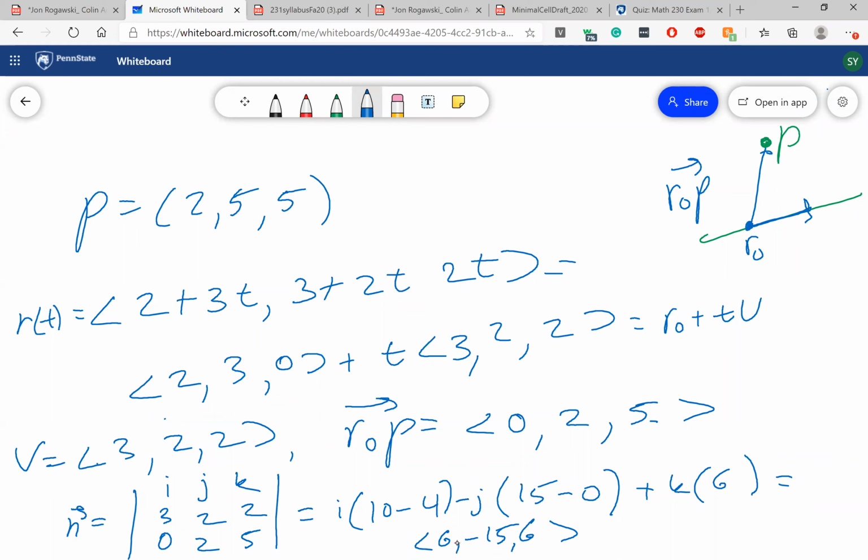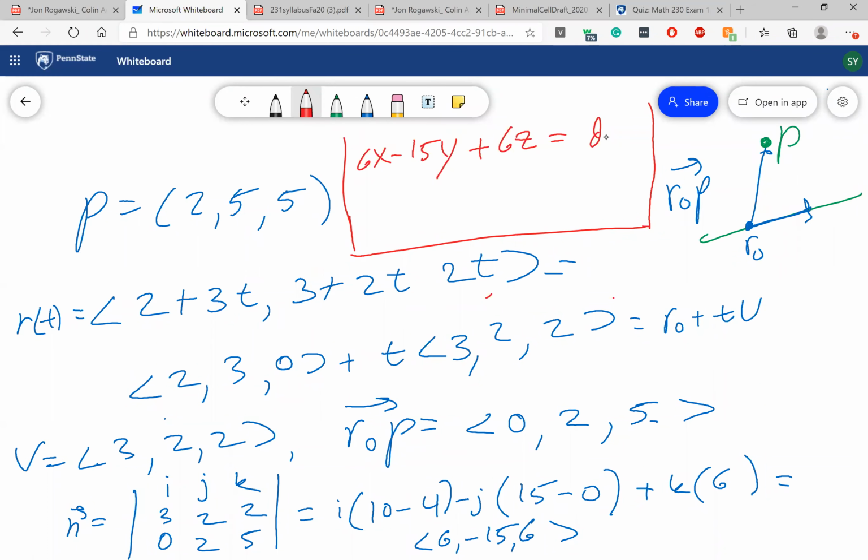So we know that our plane looks something like that. Now, that means that our plane has the form 6x minus 15y plus 6z is equal to some d.